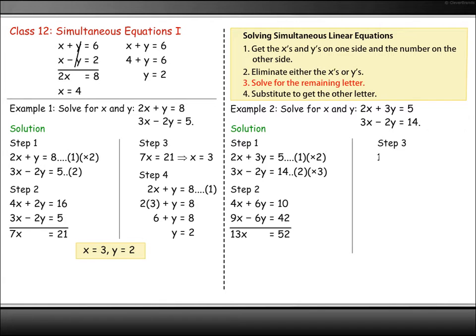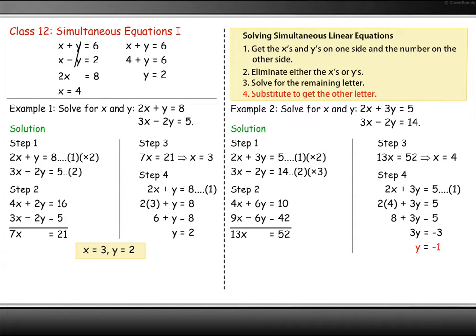Solve for x to get x is equal to 4. Step 4. Substitute this value of x into equation 1. X is replaced by 4. Solve for y. Y equals minus 1. The solutions are x is equal to 4 and y is equal to minus 1.